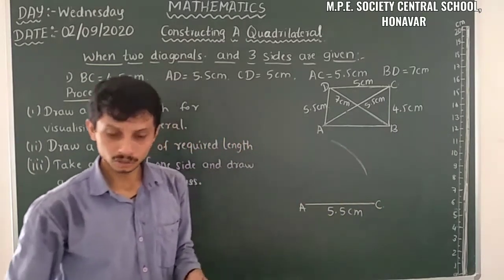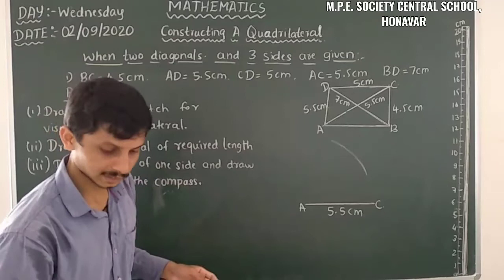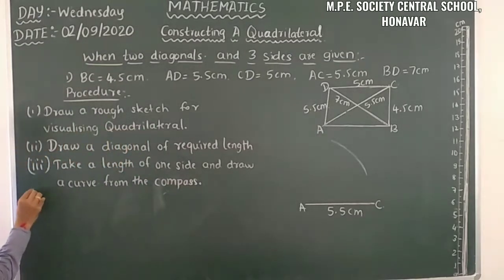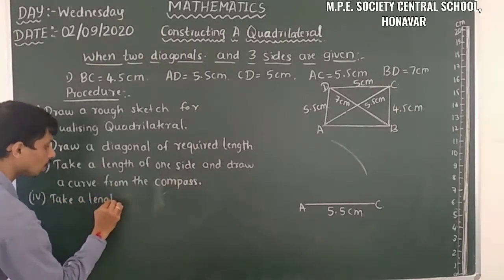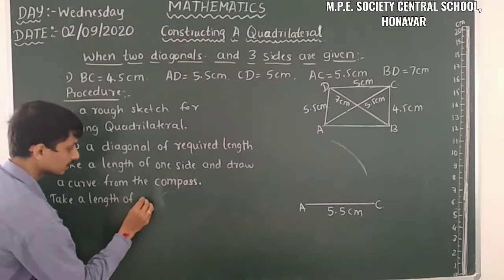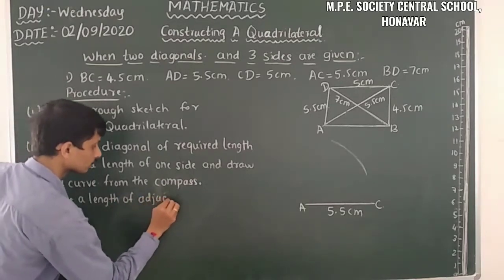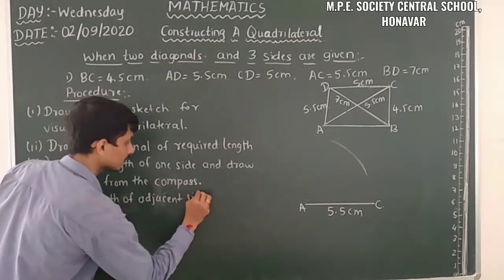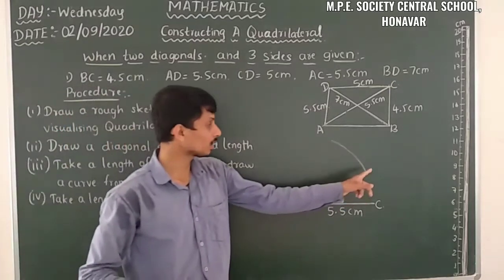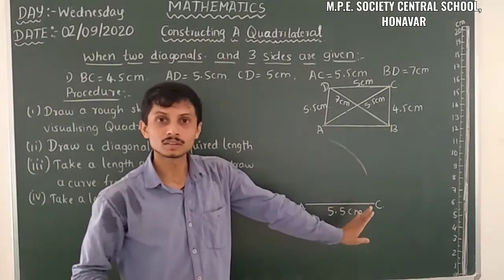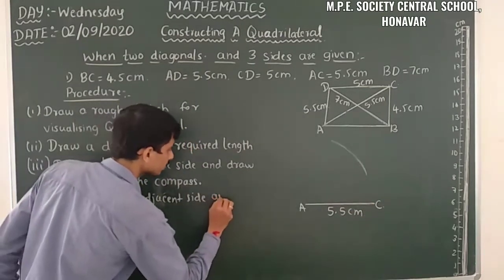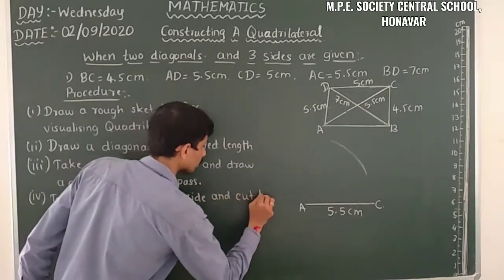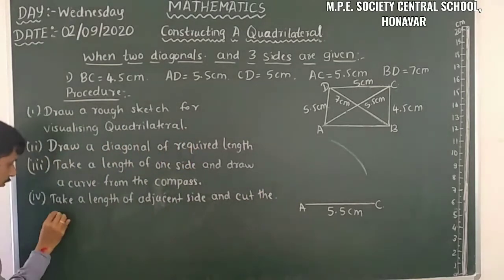Then what you have to do, take the length of the adjacent side. So here the fourth procedure is, take the length of the adjacent side, and after that we have to cut the previously drawn curve.